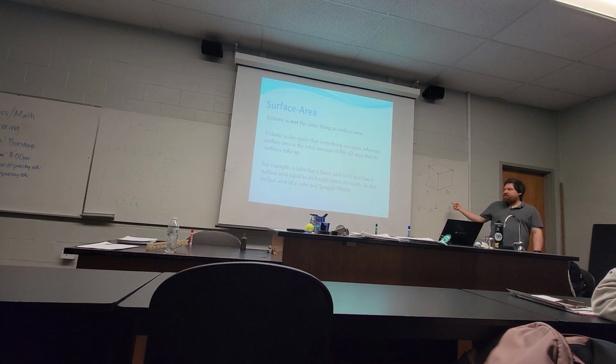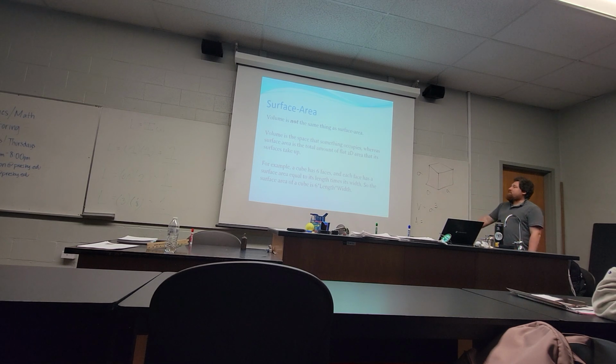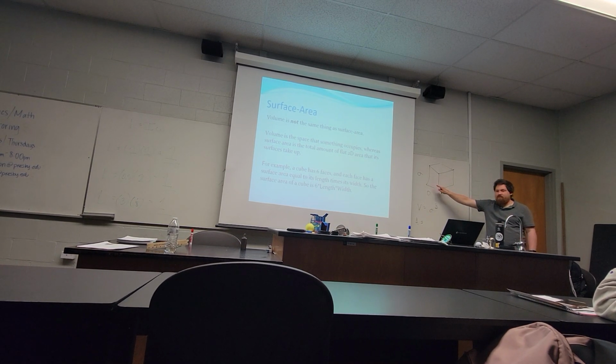That is different to surface area. Surface area is the total lump sum of all the flat areas on the surface of the item. That's why it's surface area, the total area of its surface. If I asked you to tell me the surface area of a cube, what's the area of one face of a cube? Length times width.